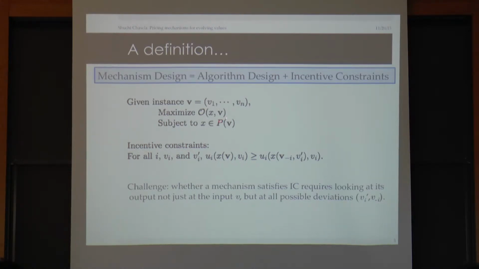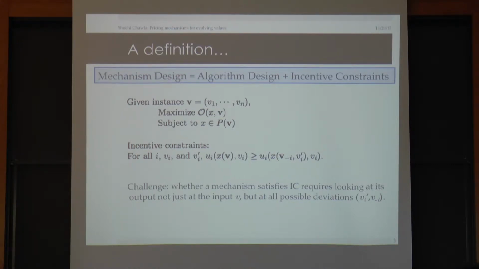And so normally when we think about efficient computation or an efficient algorithm, we want it to be the case that we can solve this problem in time that's polynomial in the size of this input. And here we're talking about a single instance of the problem. But the incentive constraints are constraints that bring together all the possible different instances of the problem.